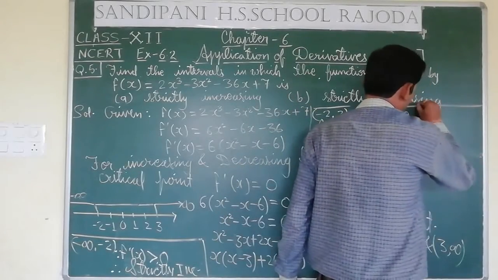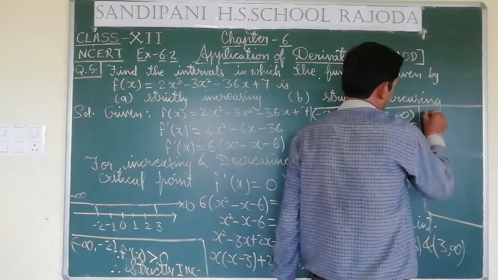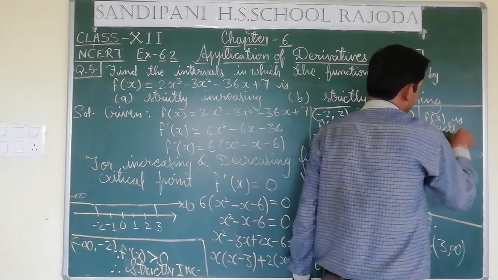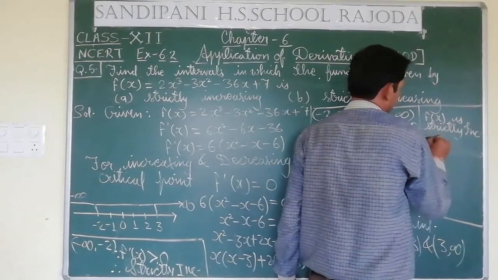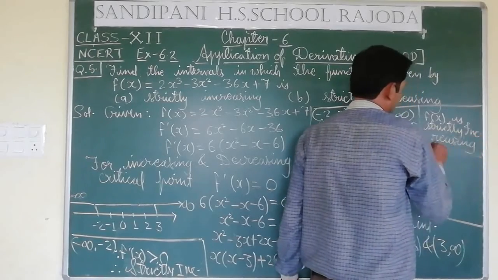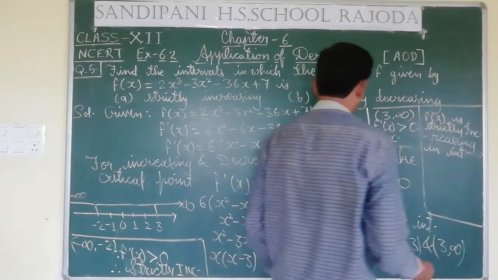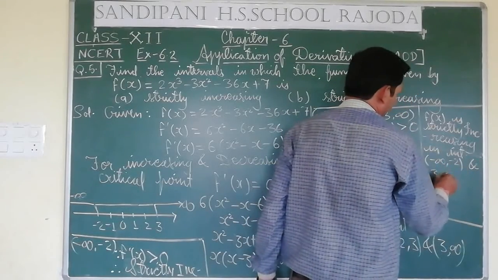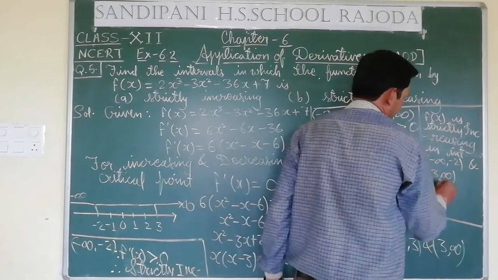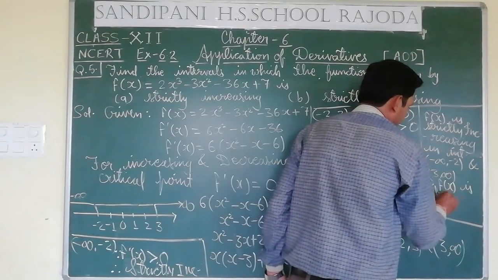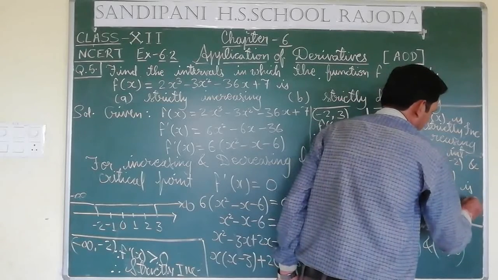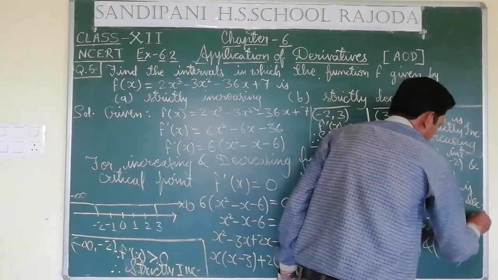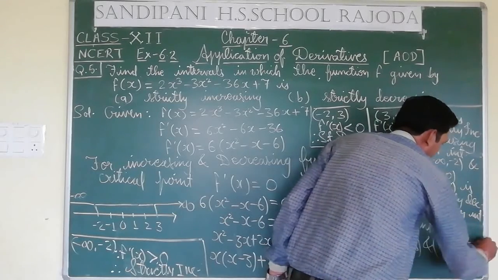So what can we conclude now? We can conclude that f of x is strictly increasing in the interval minus infinity to minus 2 and 3 to infinity, and f of x is strictly decreasing in the interval where it is strictly decreasing.